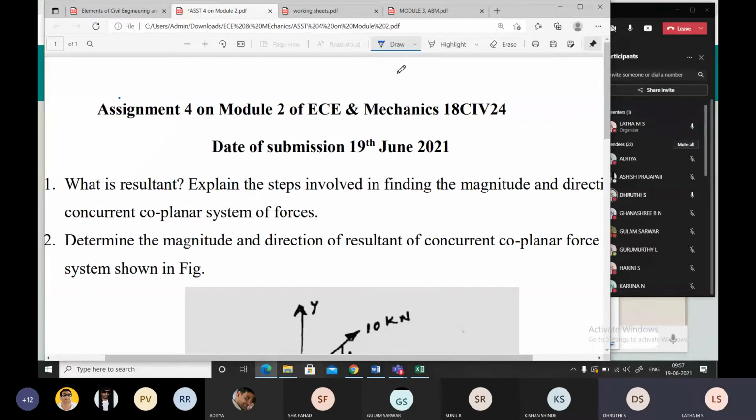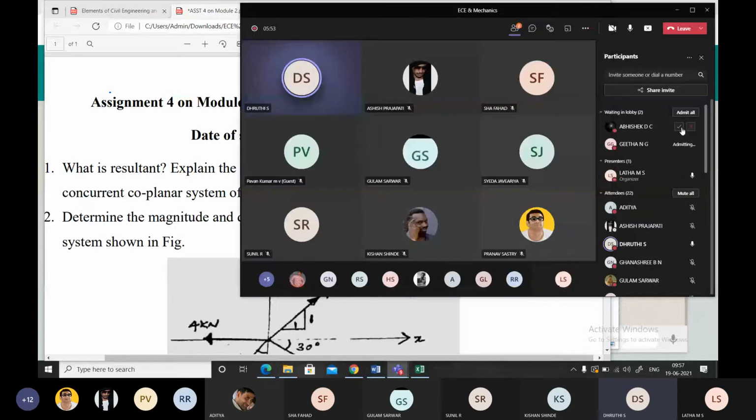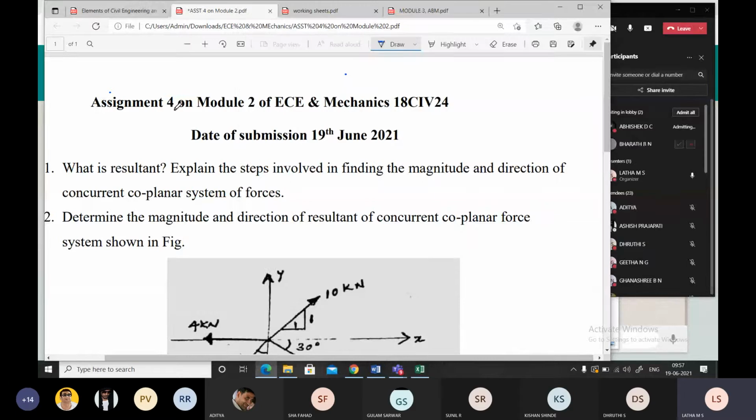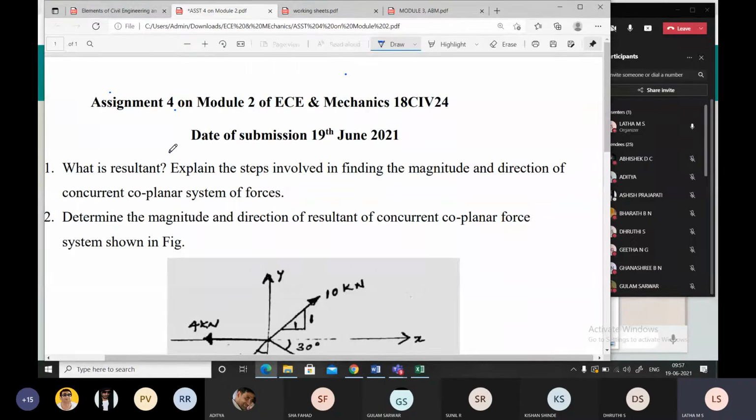Ma'am, what is resultant? Explain the steps involved in finding the magnitude and direction of a concurrent coplanar system of forces. So, what is the usual procedure? How do you solve such a problem, students?